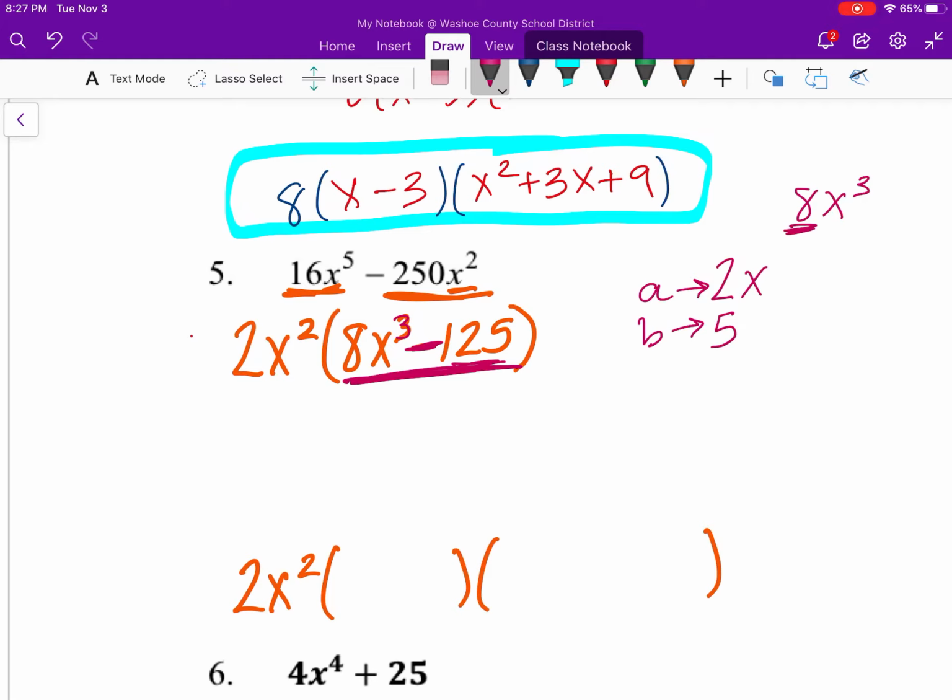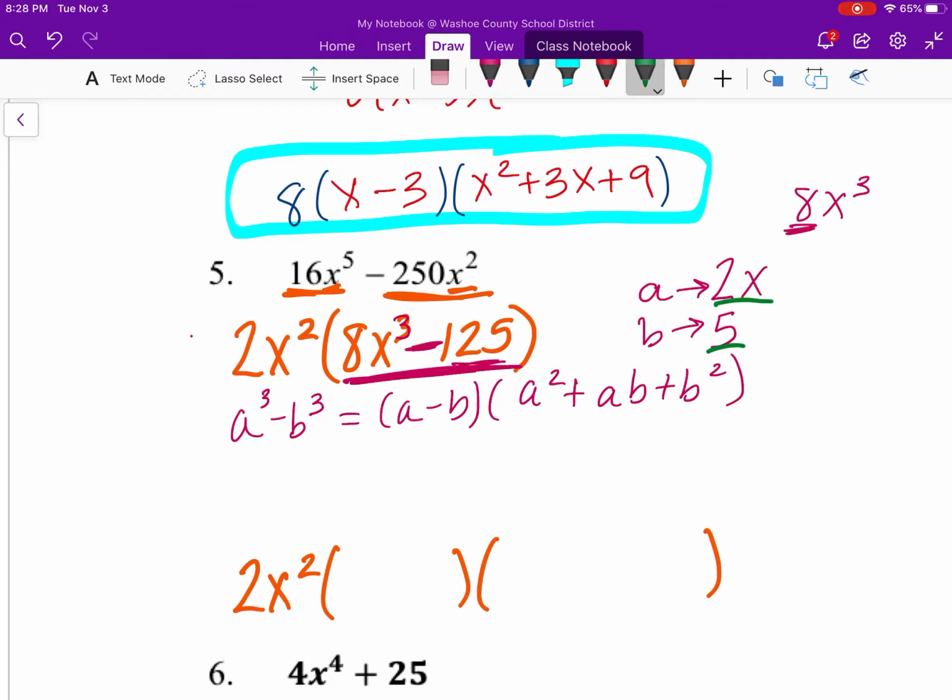So using my formula of difference of cubes, I have a cubed minus b cubed is a minus b, a squared plus ab plus b squared. Okay, so I can now, because I know what a and b are, substitute into this. So 2x minus 5.